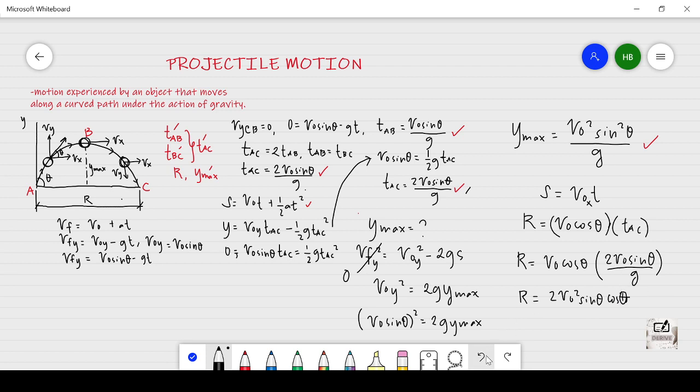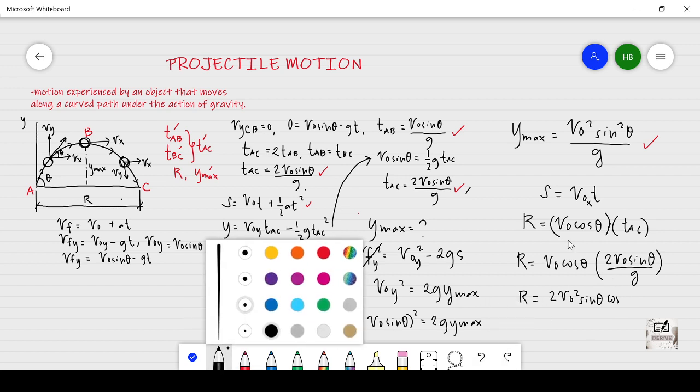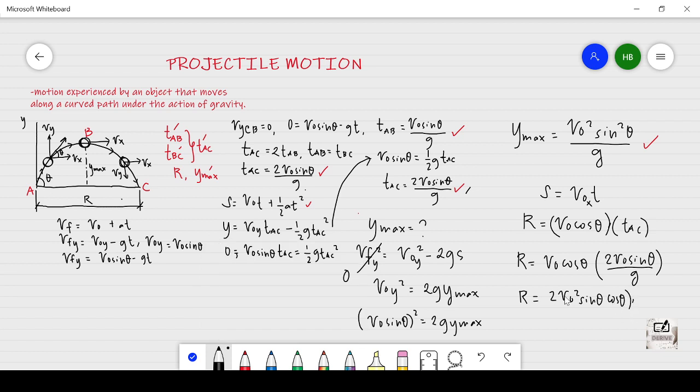Ayoko ng pangit ang sulat ko. So simplifying, we all know on the trigonometric approach that 2 sine theta cosine theta is sine 2 theta.